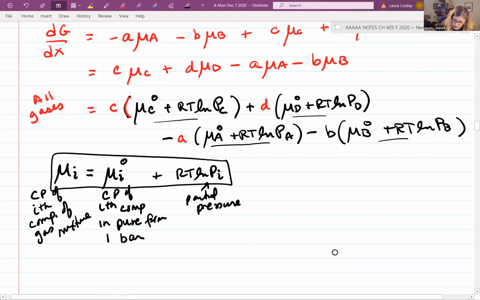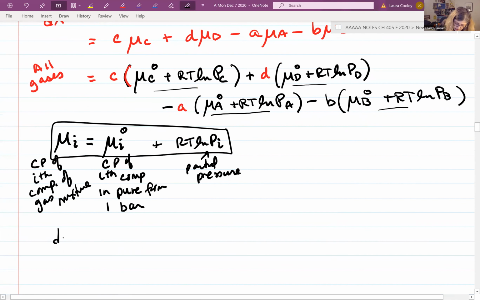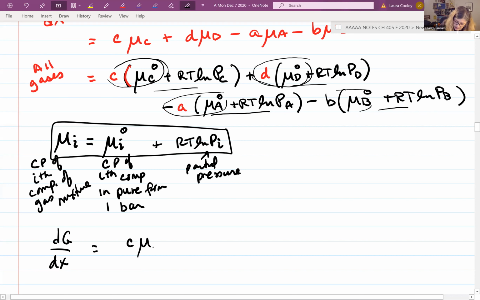And so if we just go and group, this is all dG/dx. Now you can see I have C mu C0 plus D mu D0 minus A mu A0 minus B mu B0. Okay, that's a big term. Then I have to put the C with the RT log PC.